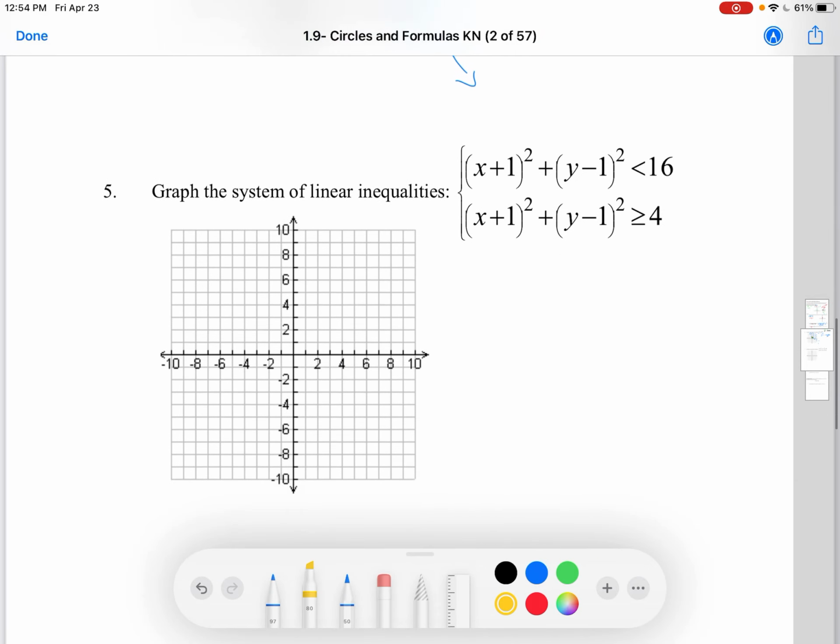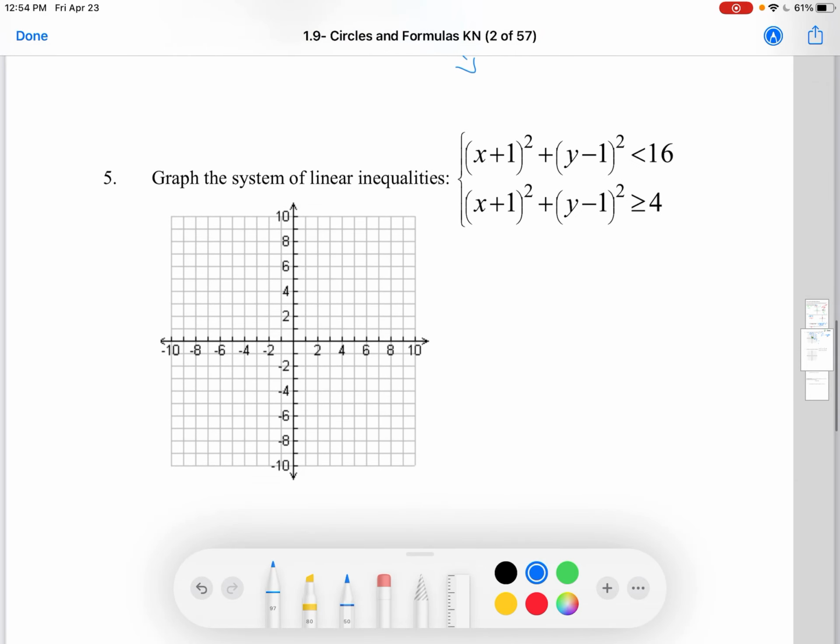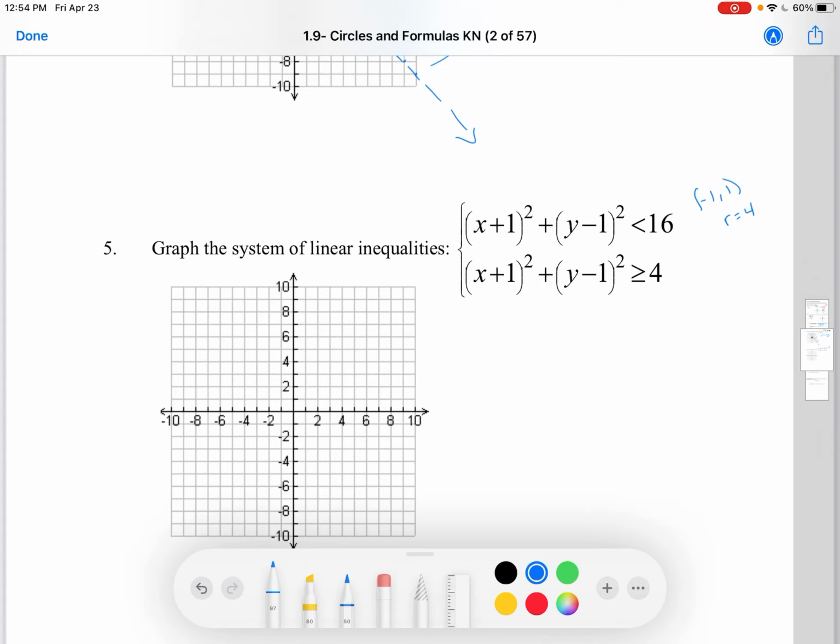So we'll go ahead and try question 5 now. You'll notice both of these are circles, both inequality functions are circles. Starting with the center, it's going to be at -1, +1 with a radius of 4. So I'm going to start at -1, +1.